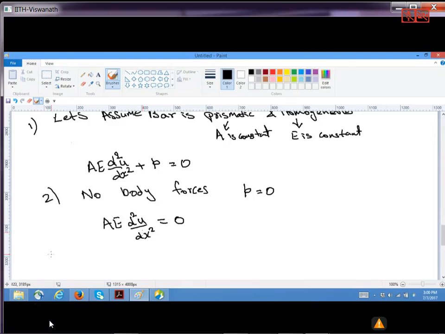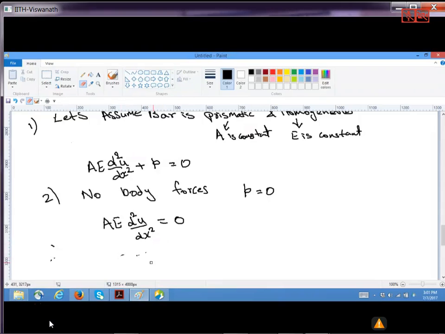Or p can be a function of x, or p can be a function of u, or something else. So there are several other cases. Let's consider only two cases, where p is a function of x and where p is 0. These two are sufficient, and anything will fall under those two categories.